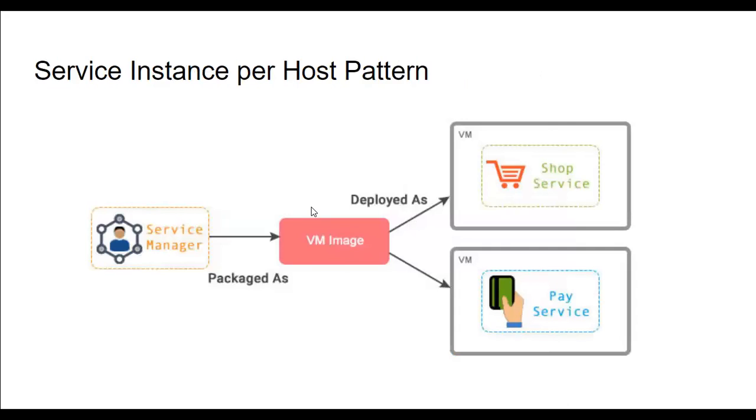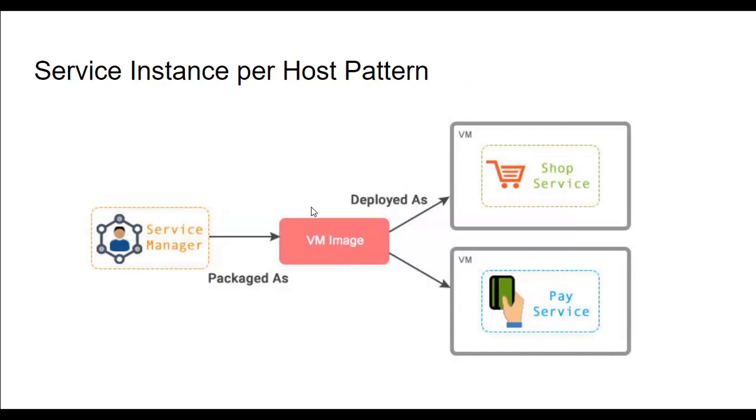The next we have is the service instance per host pattern. In this scenario, you package each service as a virtual machine image, for example, an Amazon EC2 AMI, and each service instance is a virtual machine that is launched using the VM image. So what are the advantages of this pattern?